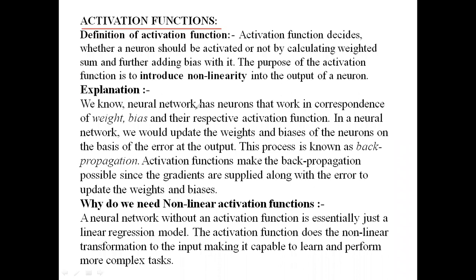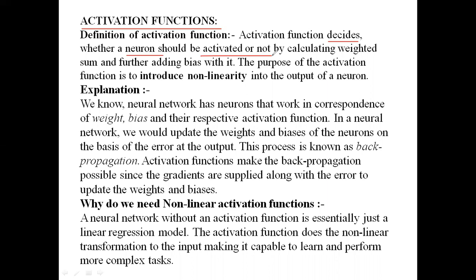Now here we have a definition of activation function. So we'll see the definition. Activation function decides whether a neuron should be activated or not. What is this activation function going to do?